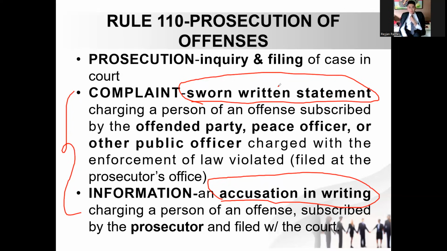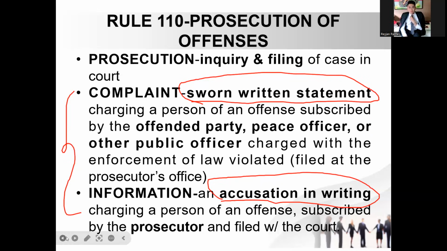Both are used to allege that a person committed a crime under Philippine law. Pinafile natin ang complaint in the prosecutor's office while the information is filed before the court. So yun yung kaibahan nila dalawa.